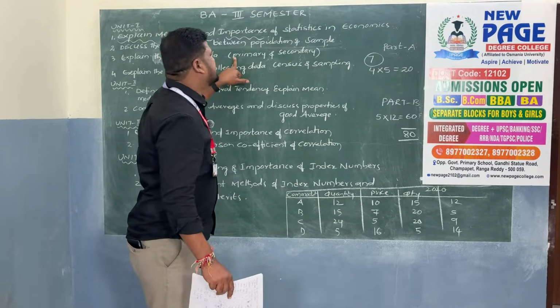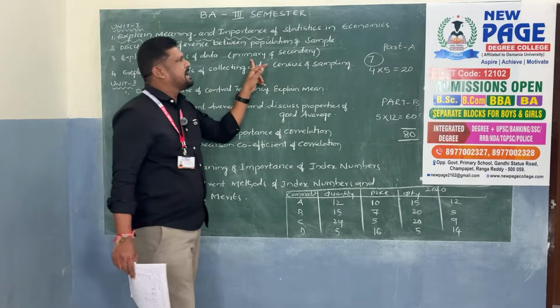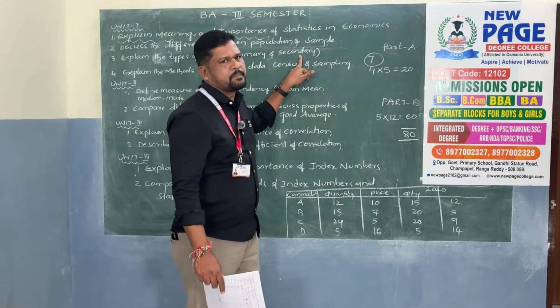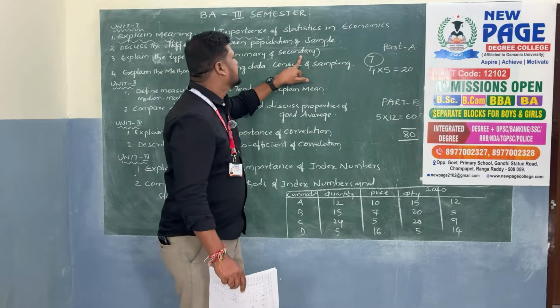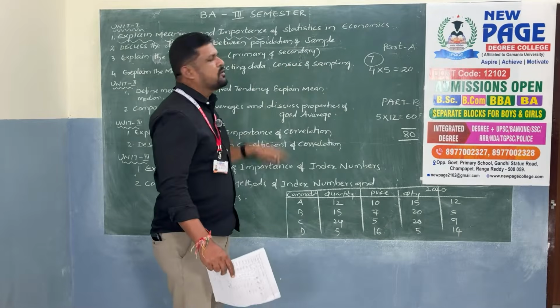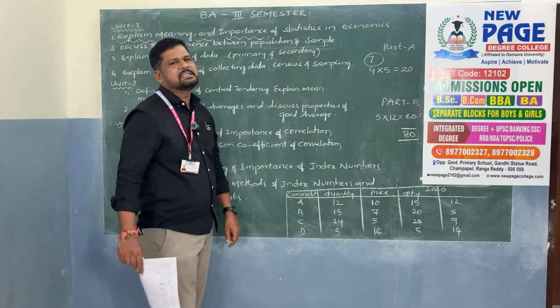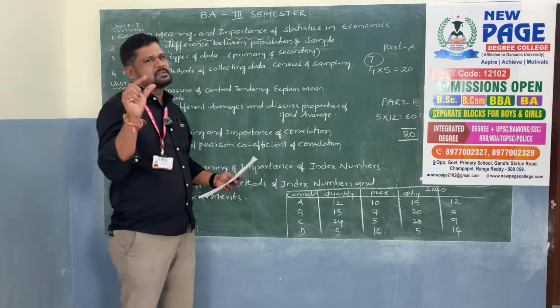Here in statistics, data is divided into 2 types: primary data and secondary data. What is primary data? Primary data is called first-hand data, collected by a researcher directly for a specific purpose.